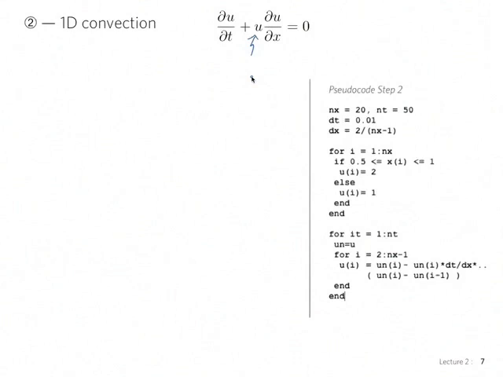So this is actually also called the inviscid Burgers' equation. And this equation has the property that it can generate discontinuous solutions from initial conditions that are smooth. It can generate something similar to shocks, okay?